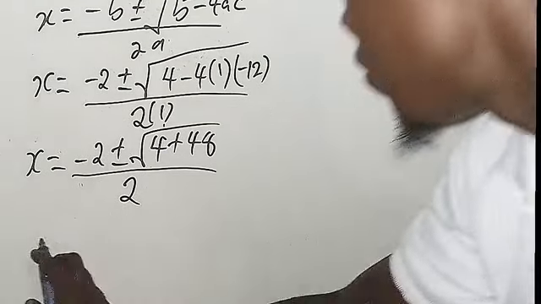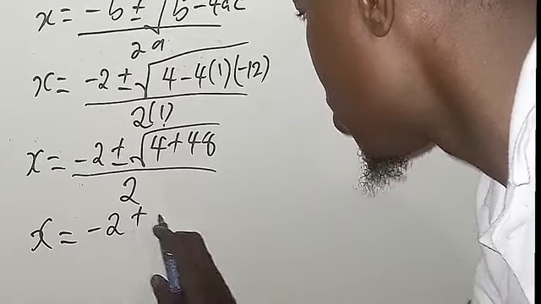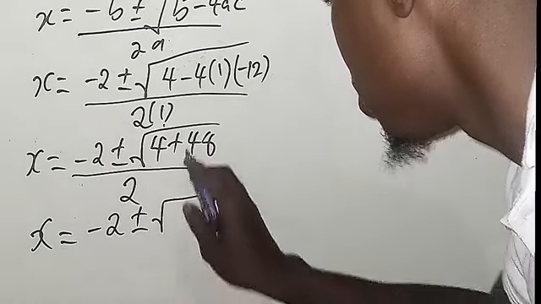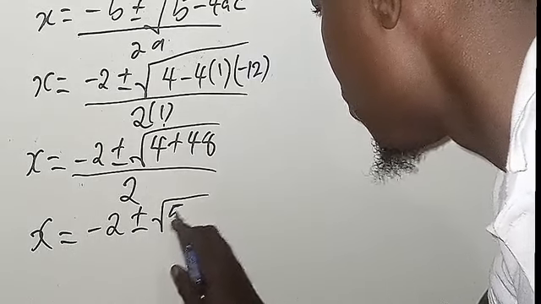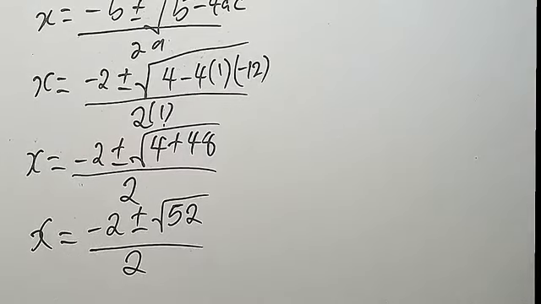So now x equals minus 2 plus or minus the square root of 52, divided by 2. Okay, we can go further.